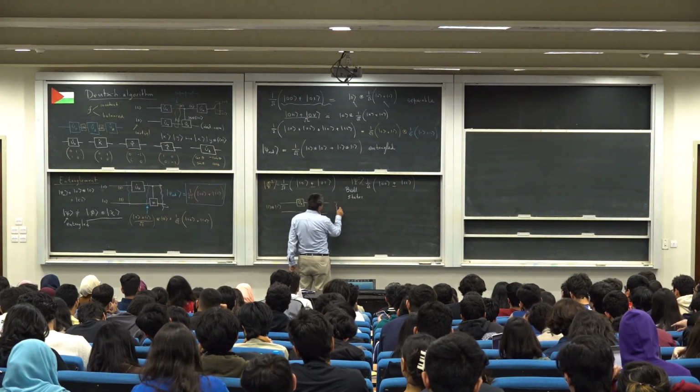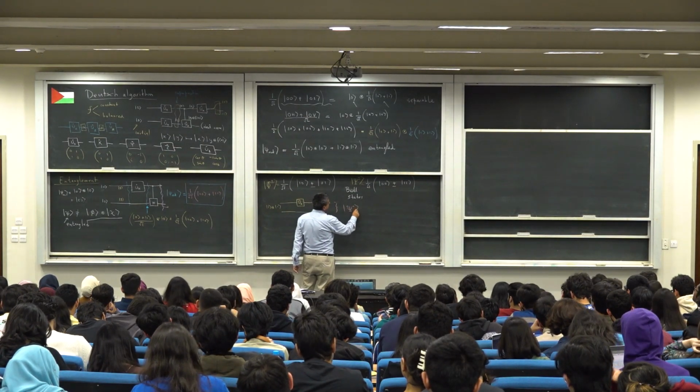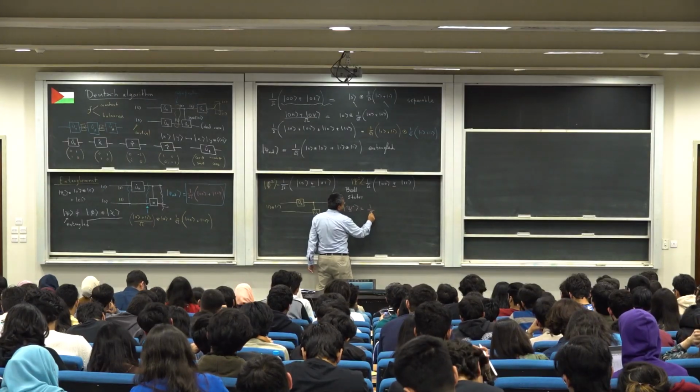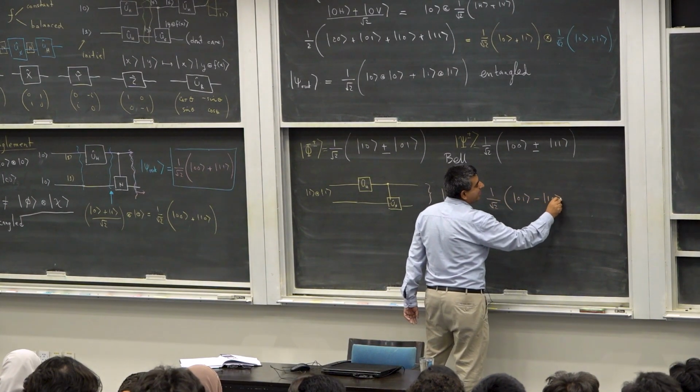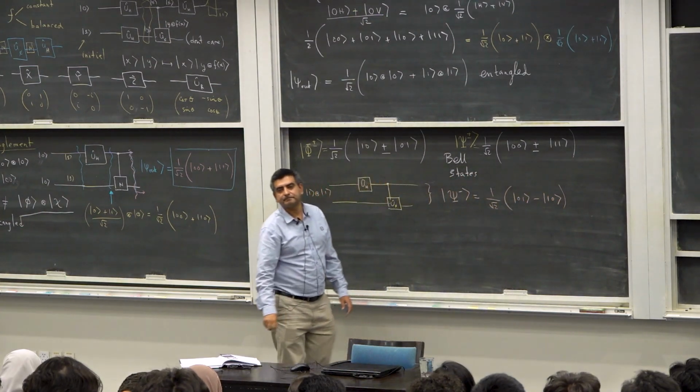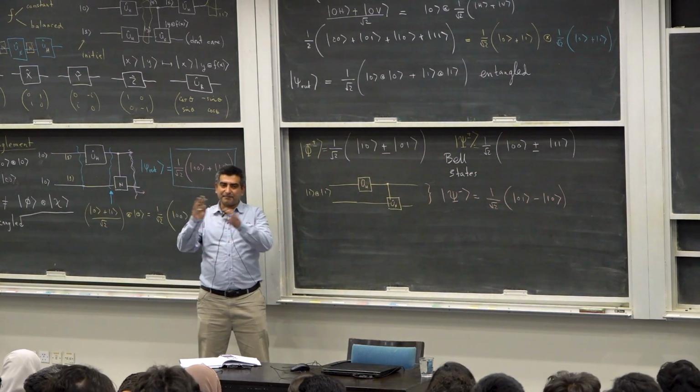So my output would be psi minus, which is 1 over root 2 times 0 1 minus 1 0. So these are examples of entangled states.